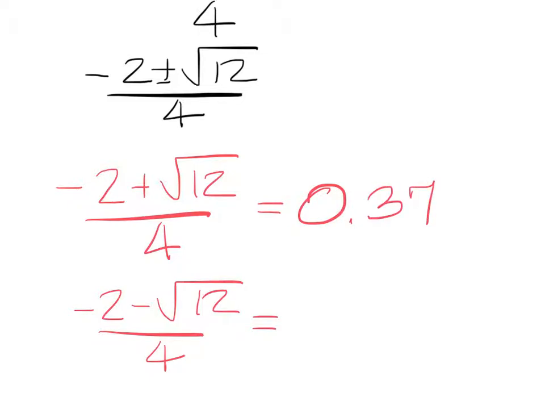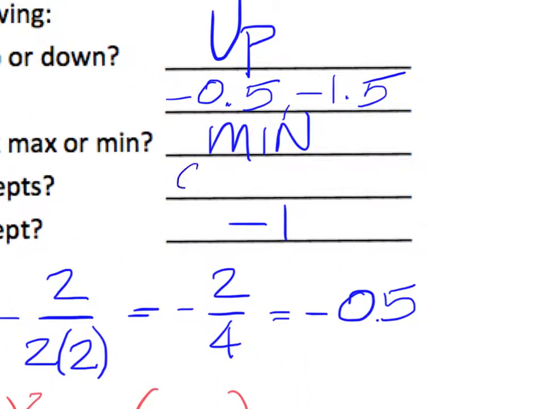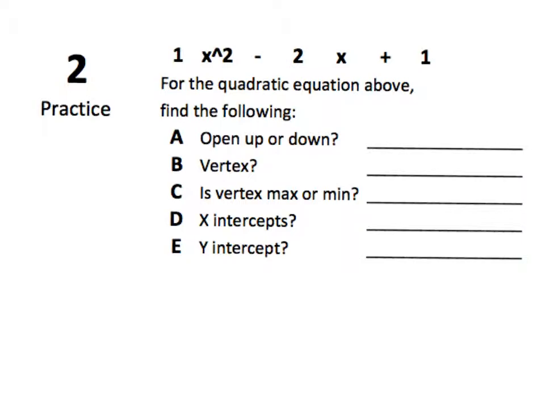And then on the second one, -2 minus the square root of 12. Hit enter and then divide by 4. You'll come back with a -1.37. So we'll fill those in up here at the top. We have 0.37 and -1.37.